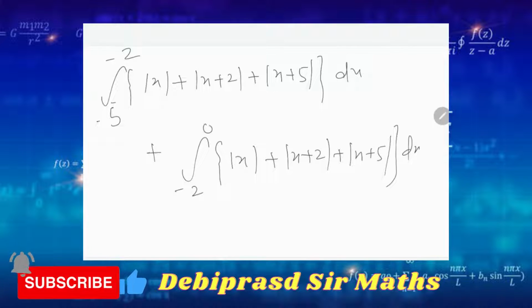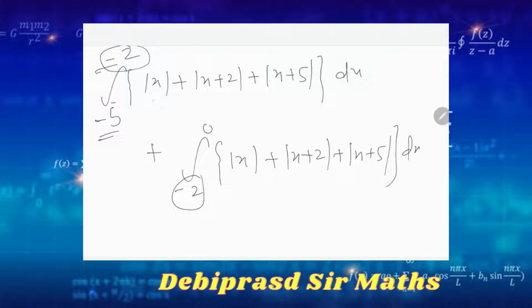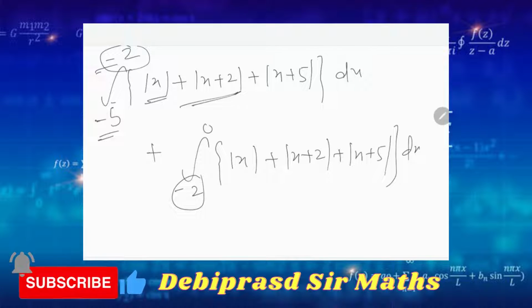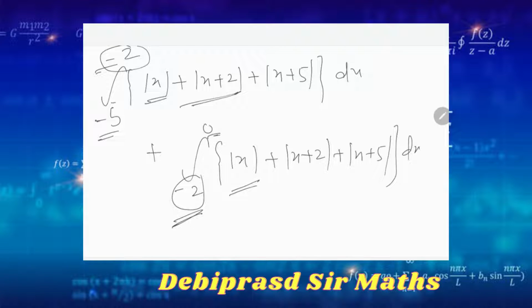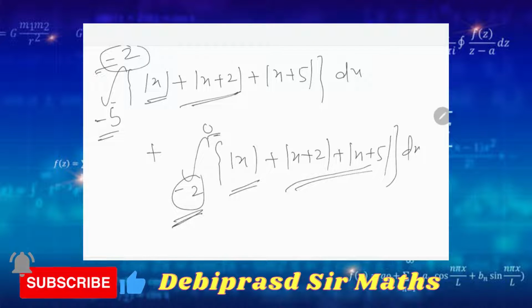Look, I insert minus 2 here. So from minus 5 to minus 2, within that range, mod x will be negative, mod x plus 2 will also be negative. And from minus 2 to 0, only mod x will be negative, other two will be positive.